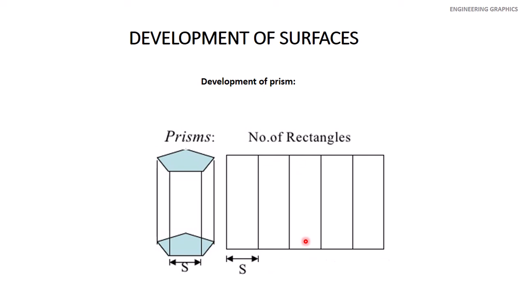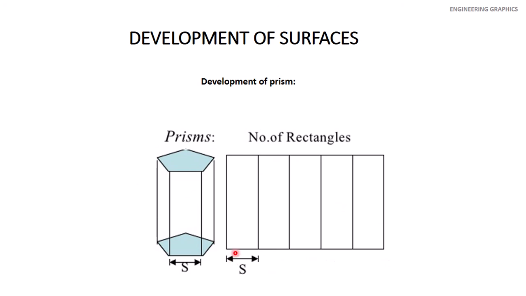If we join this vertical edge with the last vertical edge, we can obtain the prism like this. So this is the development, very simple development.